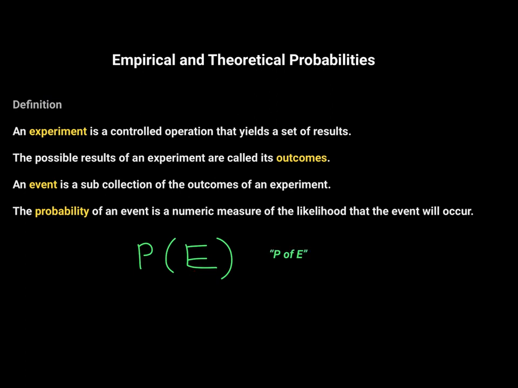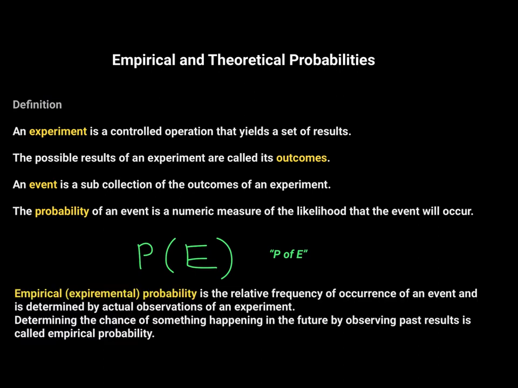Now, there are two different classifications that you and I will study when it comes to probability. One of them is empirical probability, and the other is theoretical probability. Empirical probability, which is also called experimental, is the relative frequency of occurrence of an event and is determined by actual observations of an experiment.